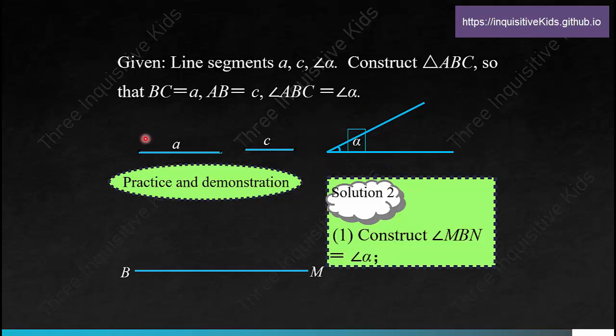So first you have to make a triangle out of here, right? Then you're constructing a congruent triangle, triangle MBN, congruent to triangle ABC. So after you have triangle ABC, how do you construct triangle MBN?